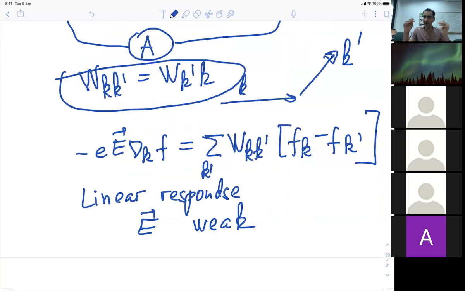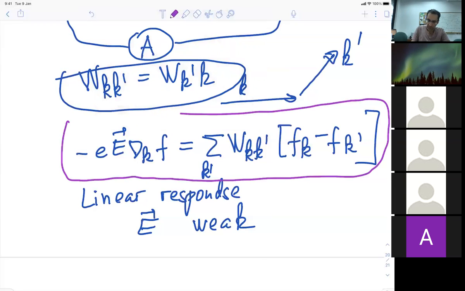And we'll be interested in the small current that is a response to this electric field. In other words, we are computing linear transport coefficients. Then we can solve this equation using a perturbation theory in electric field.